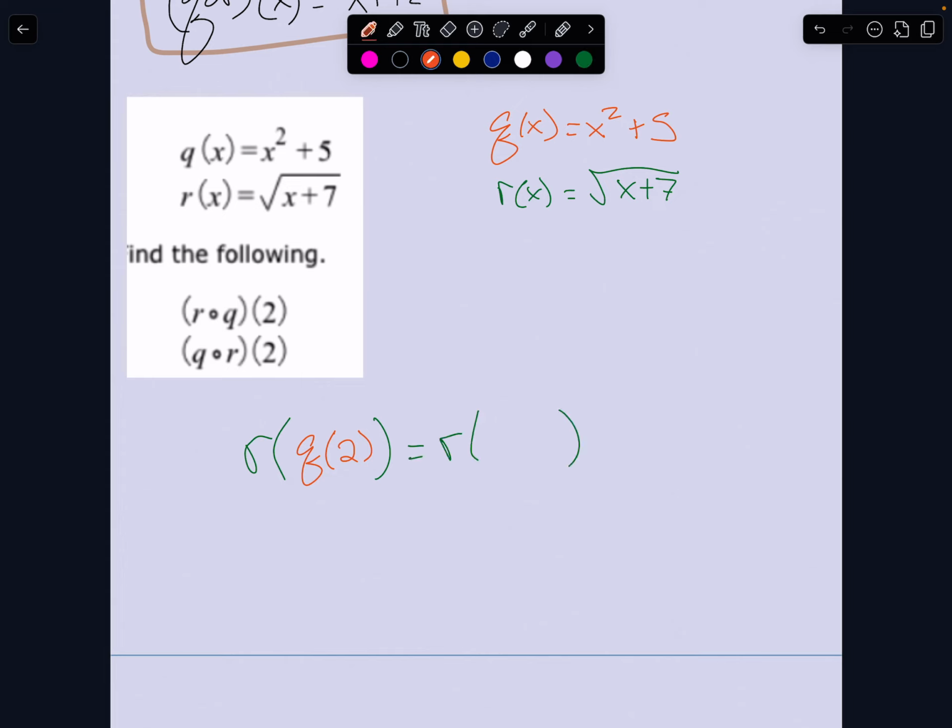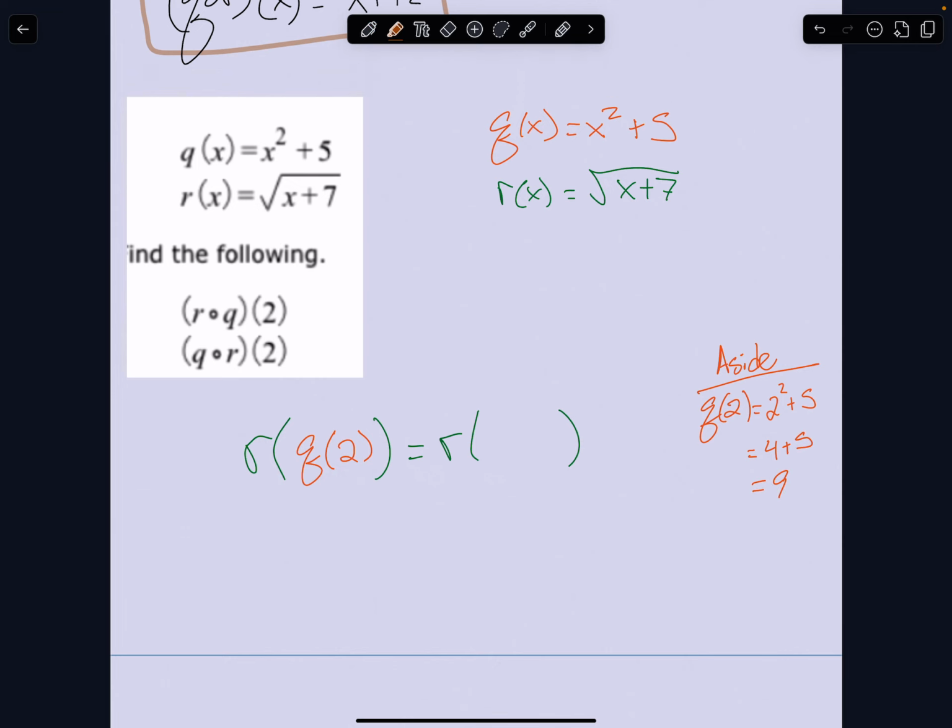So aside, what is q of 2? Well, that is 2 squared plus 5, okay? Which is 4 plus 5, which is 9. So now I am allowed to substitute q of 2 for the number 9.